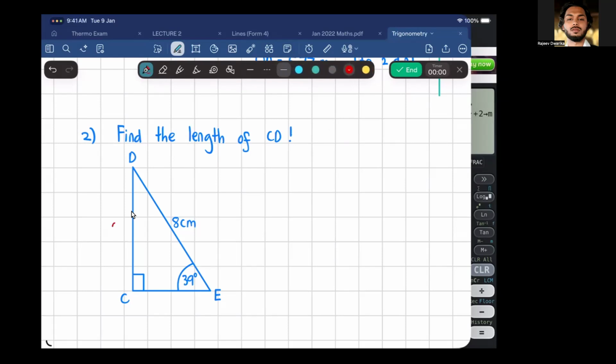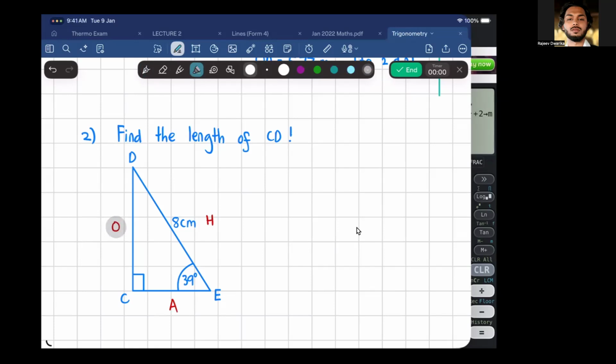So this is O, this is H, and this is A. What do they want us to find? CD. Does it correspond to O, H, or A? It corresponds to O, so we automatically select O.